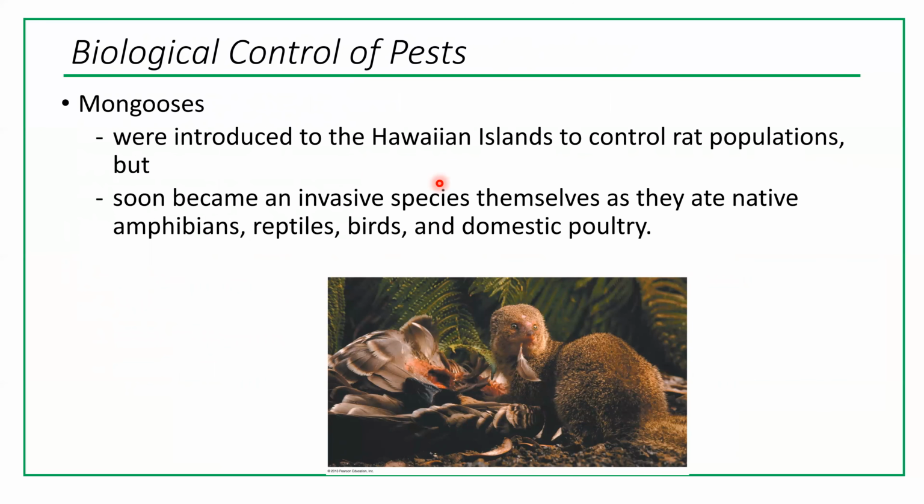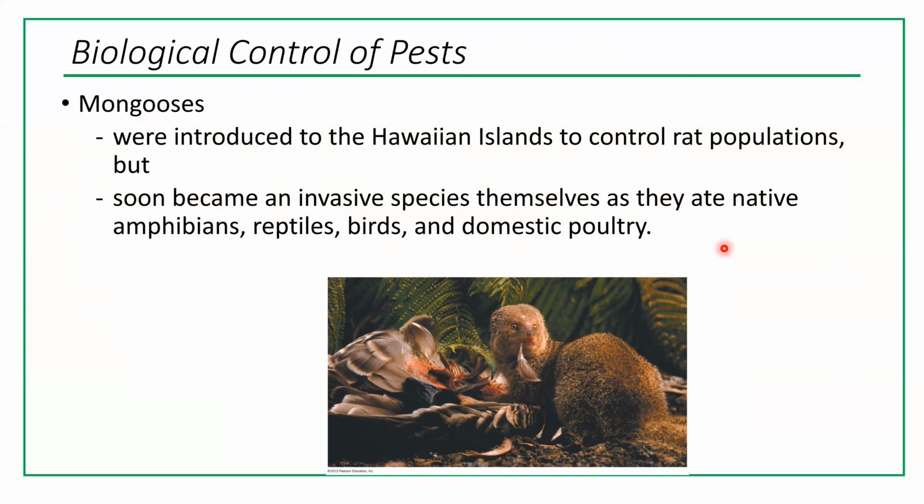So here was the example. What was introduced to the Hawaiian Islands was a rat population. So the rat population are invasive species, and scientists decided to introduce their predator over there, the mongoose. So the mongoose was introduced to control the rat population, but the mongoose soon became an invasive species themselves.